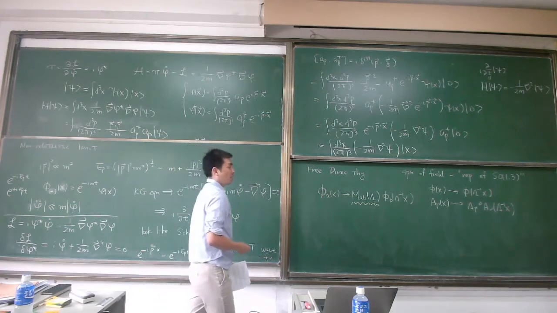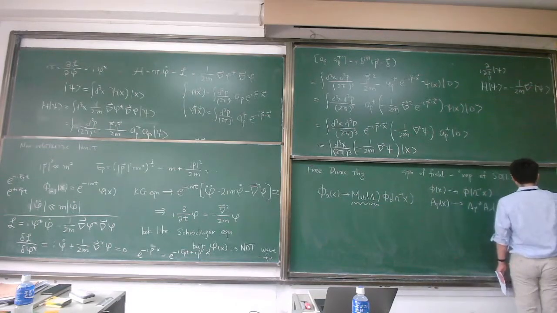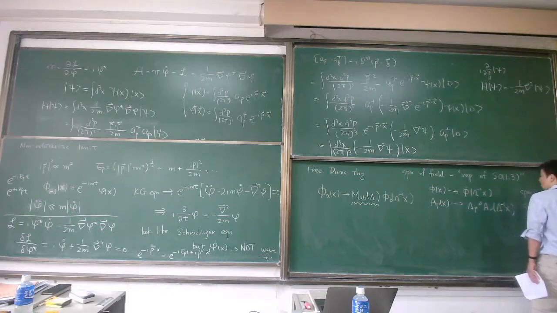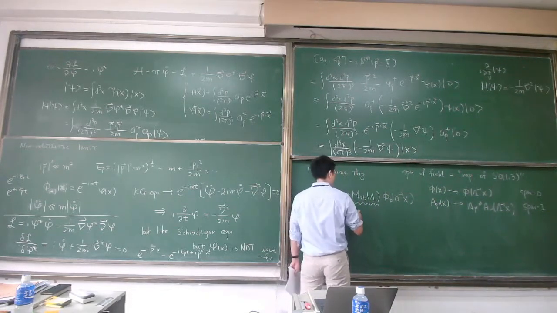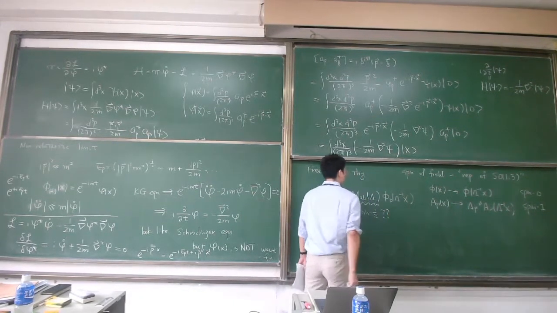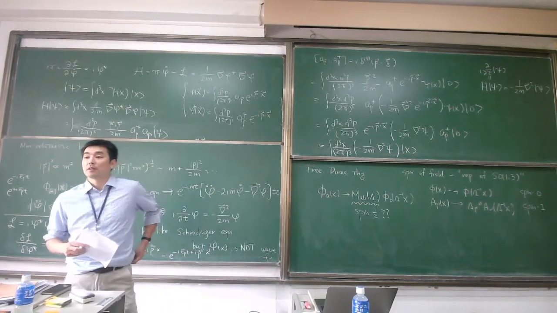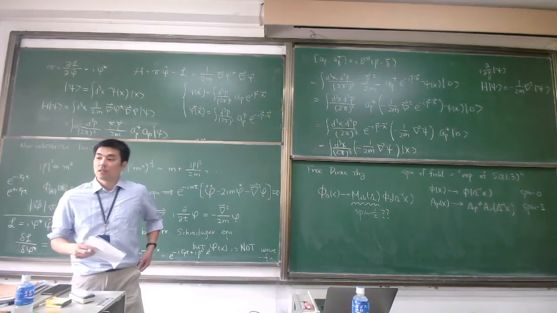We know this is spin 0 and spin 1, and we would like to understand what it looks like for spin 1/2. So how does this M_ab look for a spin 1/2 field? That's what we are going to learn. Is it okay?